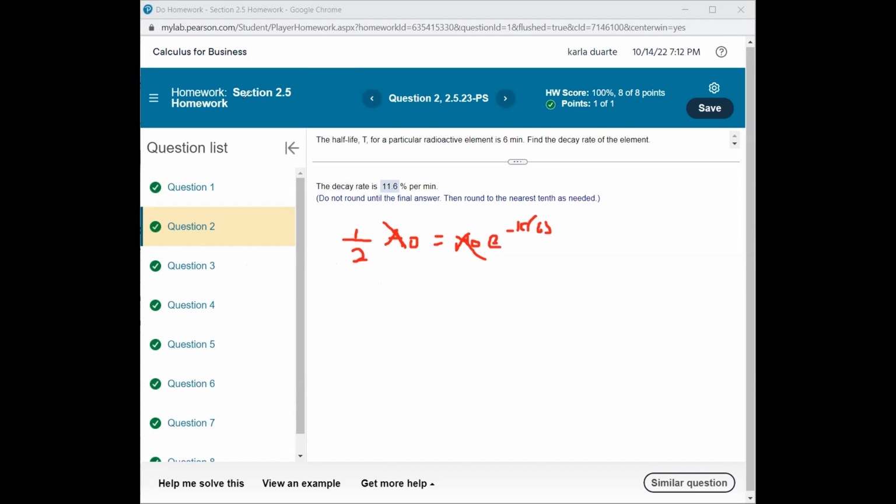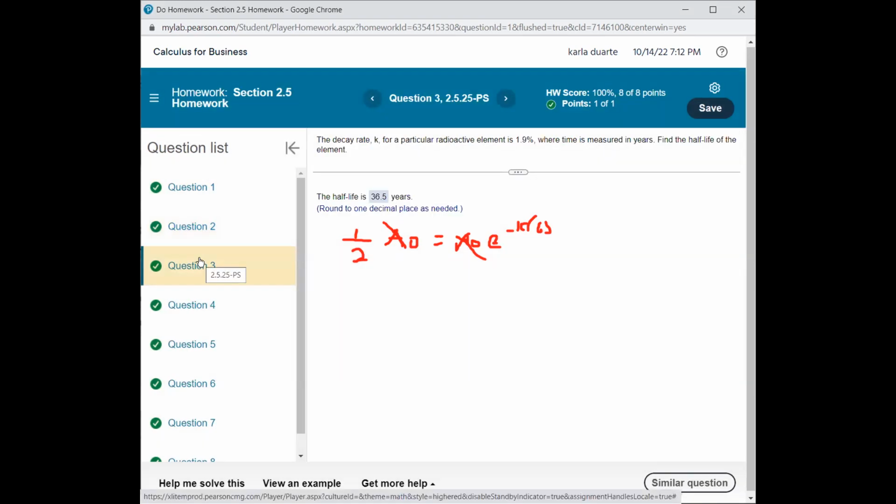And then the next one is very similar. The next one says the decay rate is, here they gave you K. So they gave you K, find T. It says where time is measured in years, find the half-life of the element.